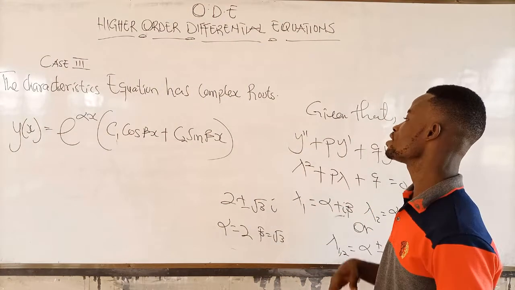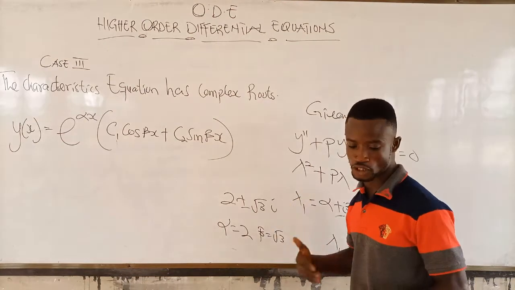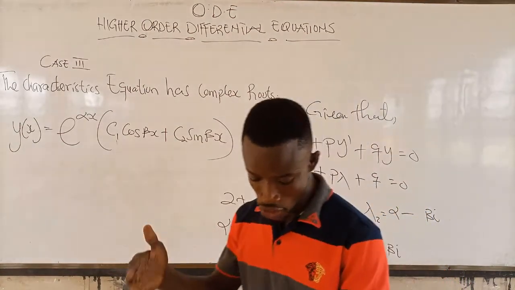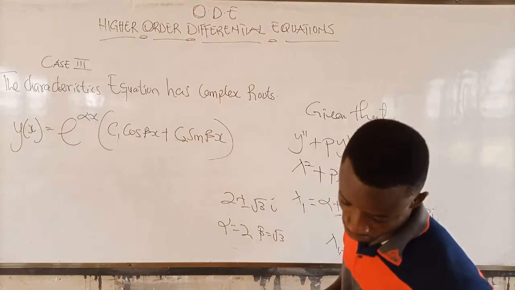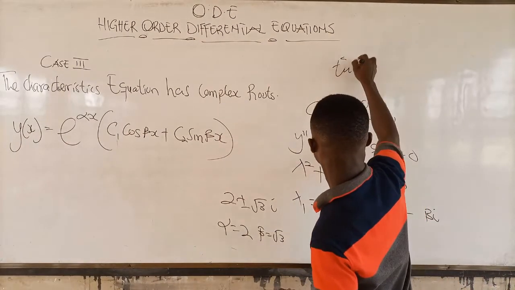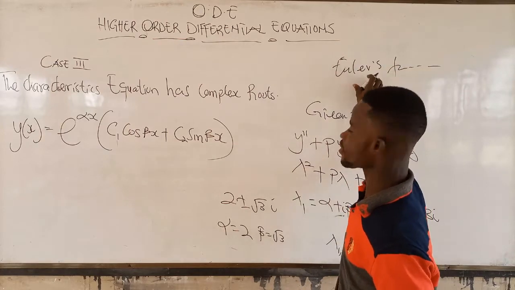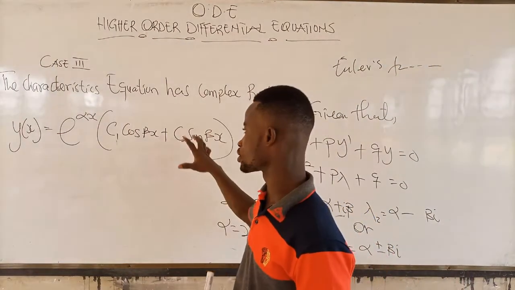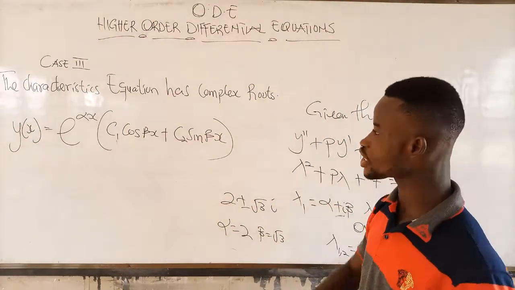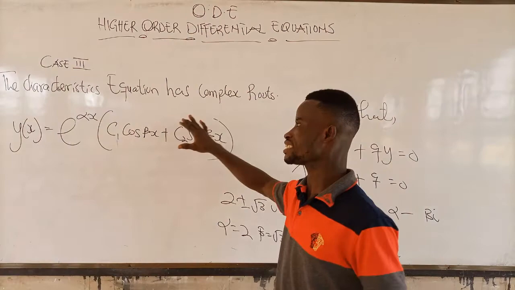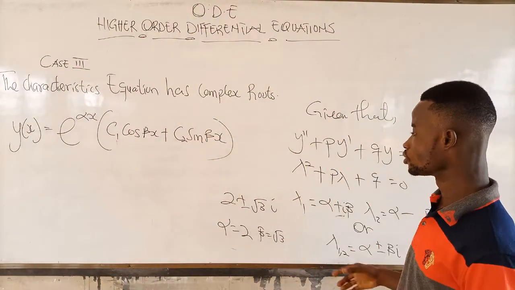We are going through some process, but I don't want to do those proofs. When you prove from Euler's formula, this is what you are going to get for your answer. So this is the general form of writing the solution of a characteristic equation that has a complex root.